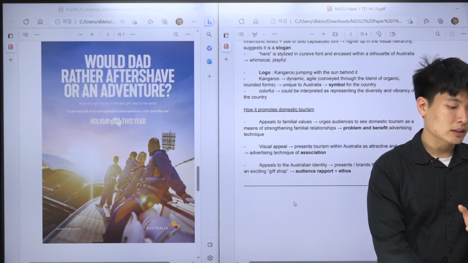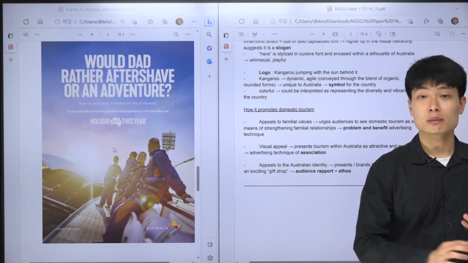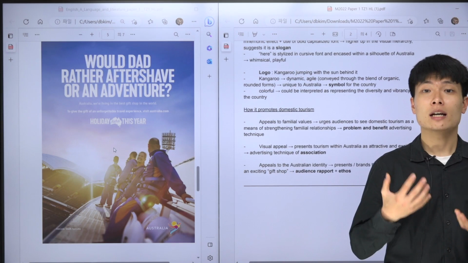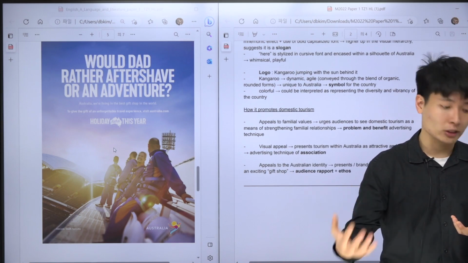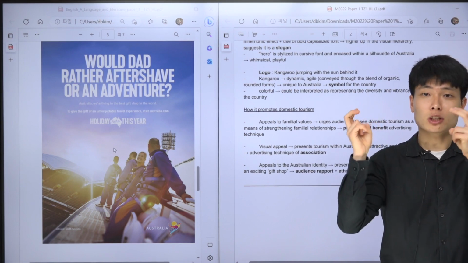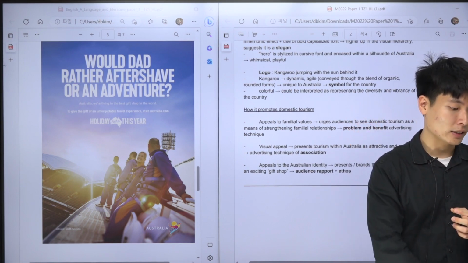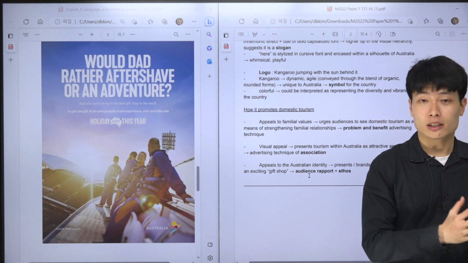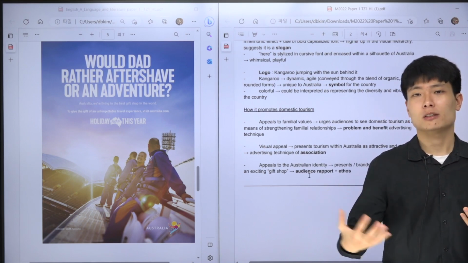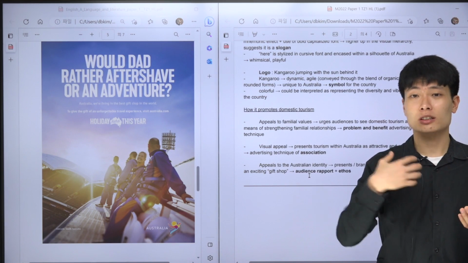And lastly, we can talk about how this advertisement is appealing to the Australian identity. So it presents or brands the country as an exciting gift shop, as we saw in the ad copy. I think we can connect it with the concepts of audience rapport and maybe even ethos, credibility. Hey, I'm Australian, you're Australian.